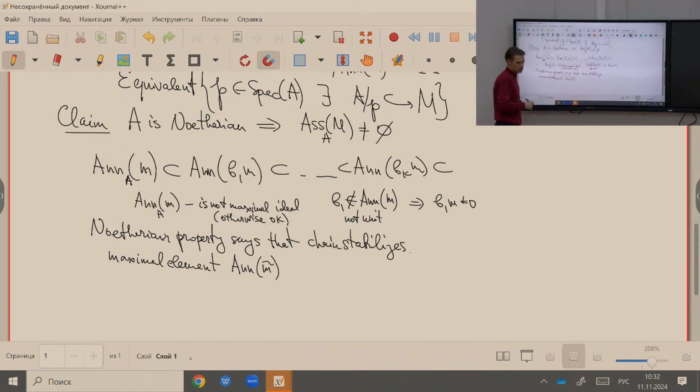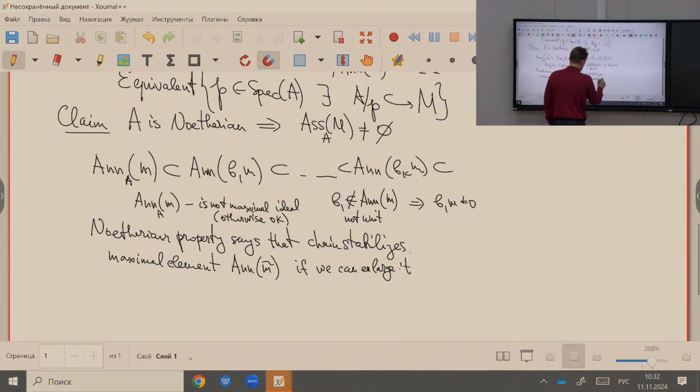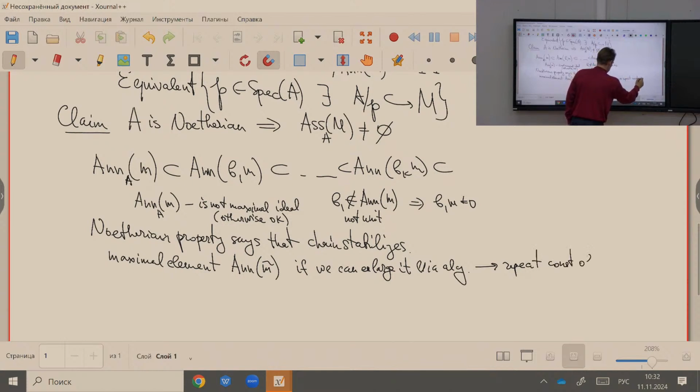If we can enlarge it via this algorithm, then we can do it and repeat, constructing the chain.